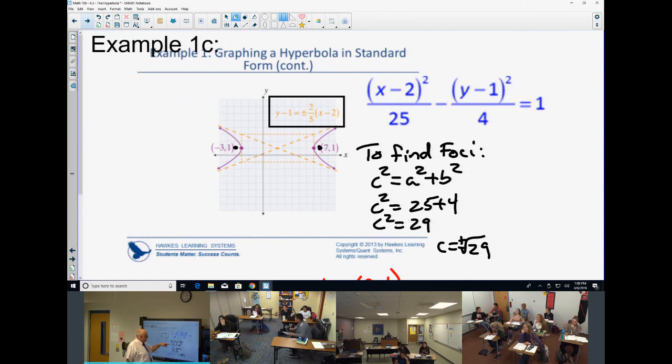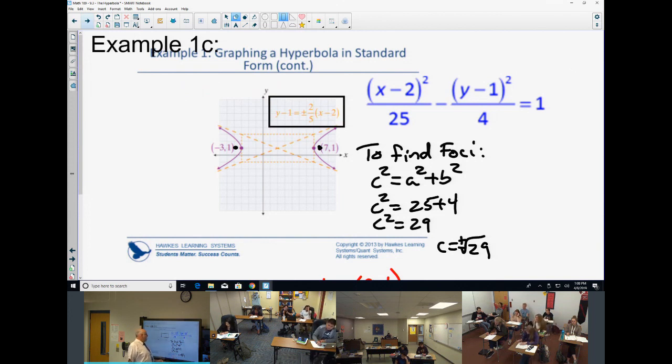Here's my formula: c squared equals a squared plus b squared. The a squared and the b squared are just these numbers down here, so they're already squared. You don't have to square them again. You just add those up, and that's c squared. So then c is plus or minus the square root of 29 here.